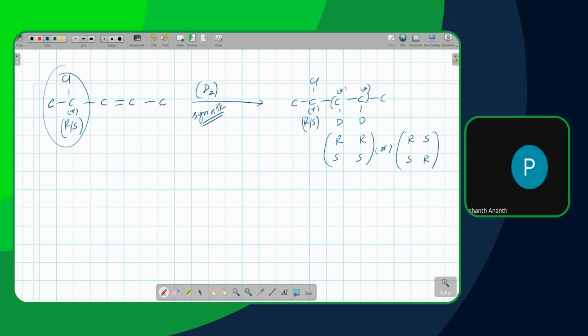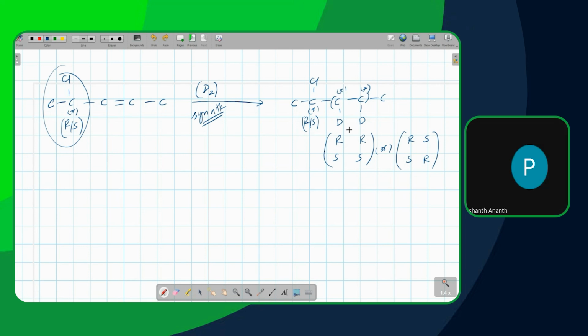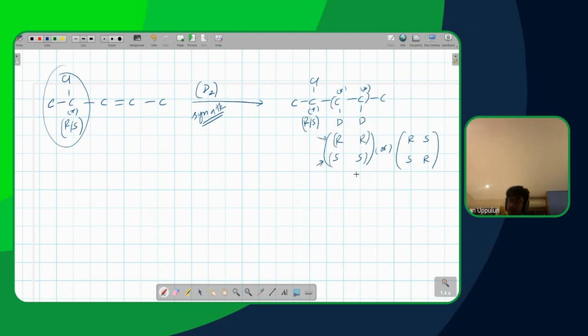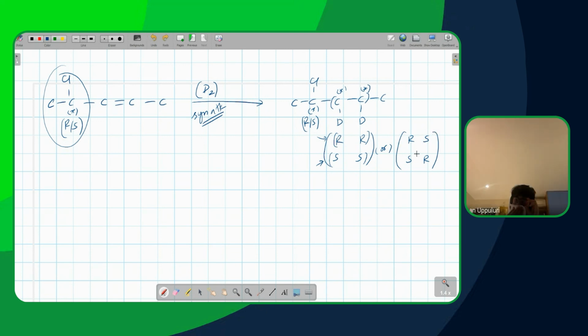So they don't mean anything. So you will have RR as a possibility along with SS. Let's say it's attacking from the top, then you'll get RR. That means if it attacks from the bottom, you'll get SS. And if the top attack is giving you RS instead, then the bottom attack will give you SR. Okay, understood.